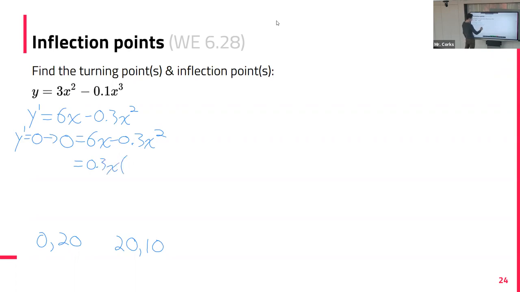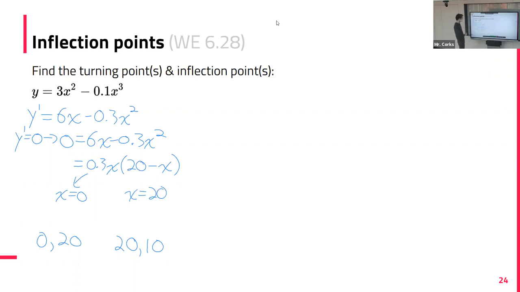And 20 minus x here. Okay, so common factor there. And that means that I won't write out all the detail here. So if this one is 0, then 0.3 times x. So that just means x must be equal to 0. Or in the other one here, if it's 20 minus x, then x must be equal to 20.